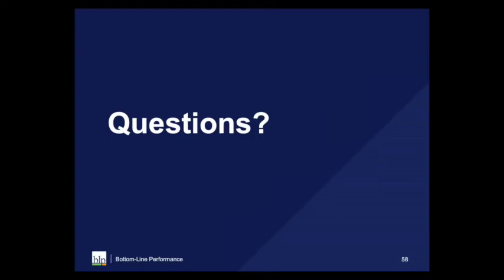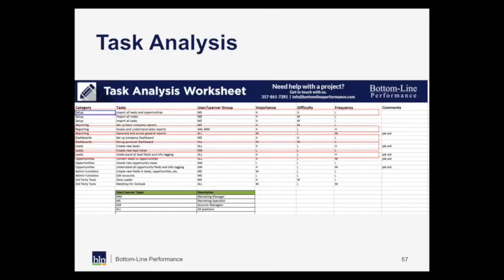One person's asking, Gilda's asking, how do you organize your task analysis? Well, I'm going to flip right back here. So typically we will use a worksheet that looks very similar to this, and we try to rate each task by importance, difficulty, or frequency, and we will try to, if we can, go and do job shadowing to find that out.